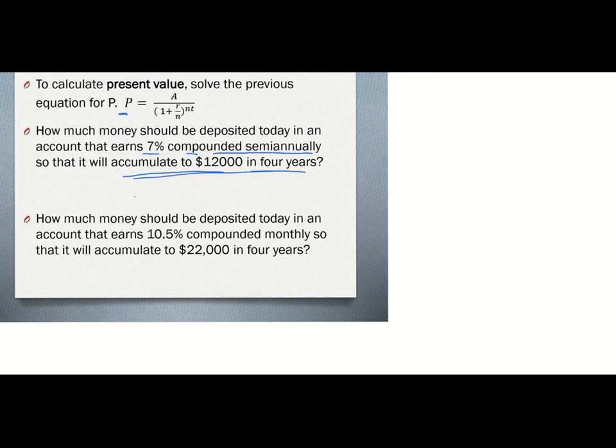So to do this problem, I'm going to do P equals, and my A, my future value, is my $12,000, divided by 1 plus, my rate is 7%, so 0.07 divided by 2, because it's compounded semi-annually, raised to the 2 times 4 power, because it's n times t.